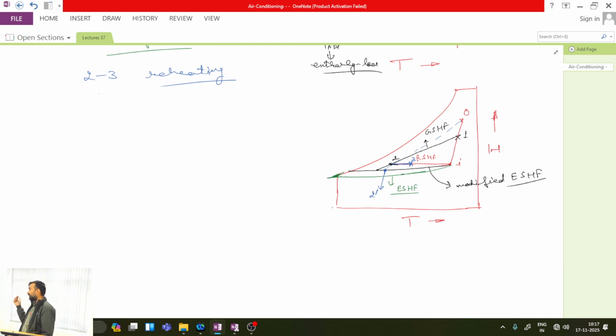Because ESHF contains the bypass factor times the outside air sensible heat and outside air latent heat. So here we are dealing with the scenario where the outside ambient air humidity is extremely high, which causes a significant latent heat load and only makes this line steeper. Is this point clear? Is the point clear or not?